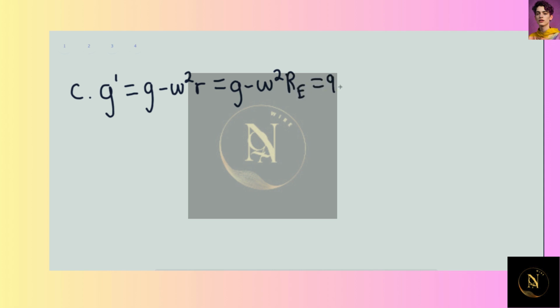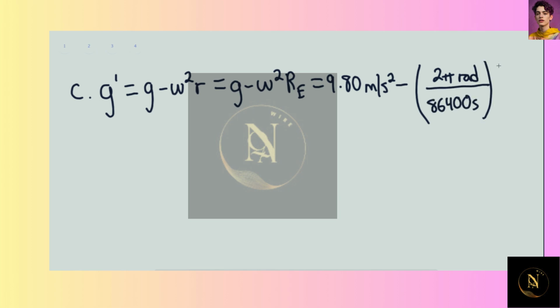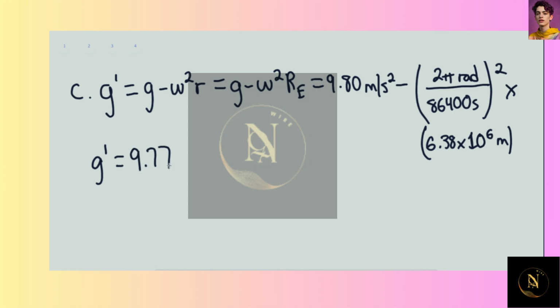And so this would be 9.80 meters per second squared minus 2 pi radians divided by 86,400 seconds, quantity squared, multiplied by the radius of the Earth, 6.38 times 10 to the 6th meters. And so g prime equals 9.77 meters per second squared. This would be inward, or again, radially inward, or inward along a radial line.